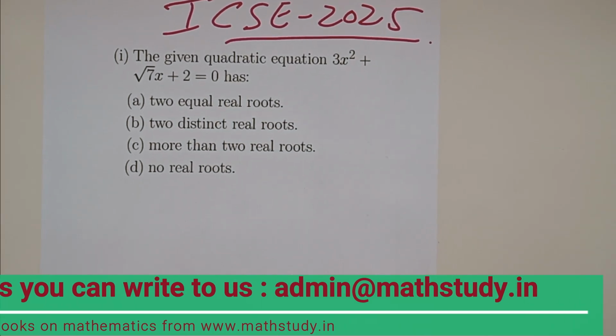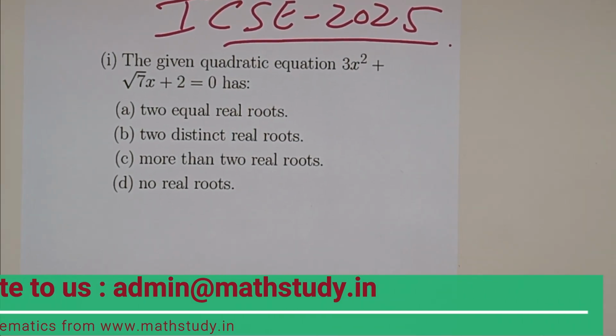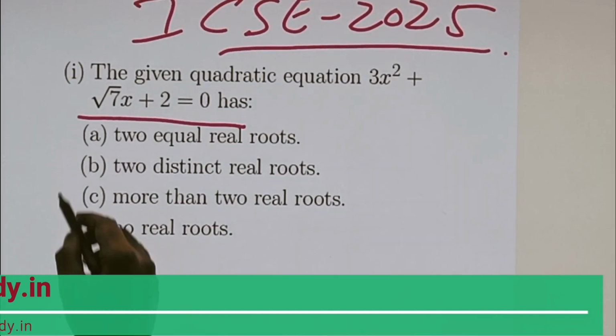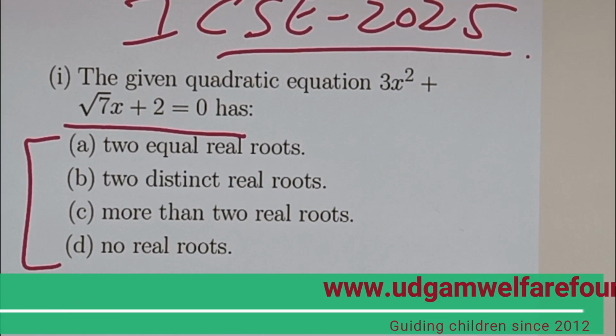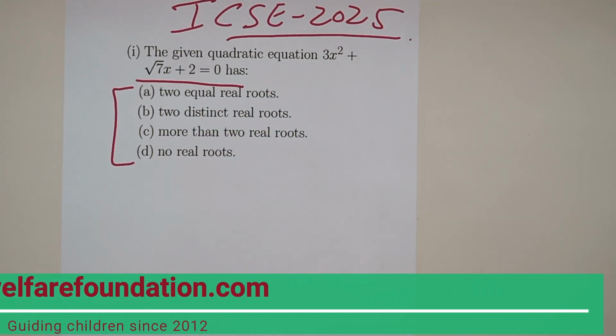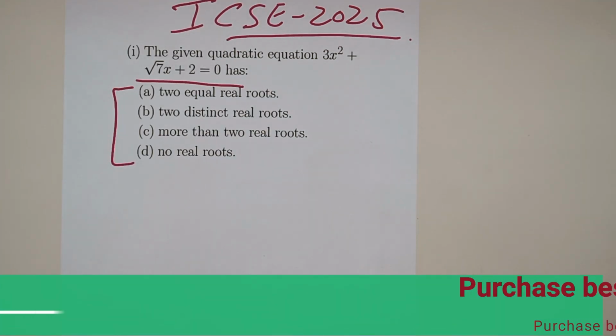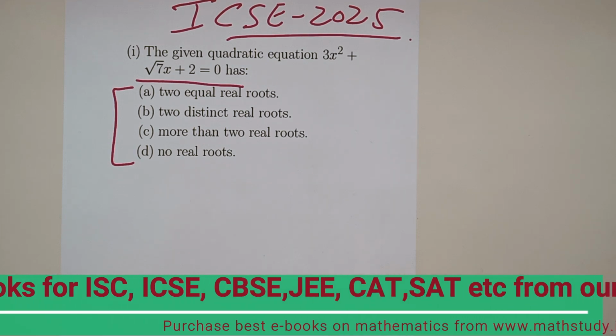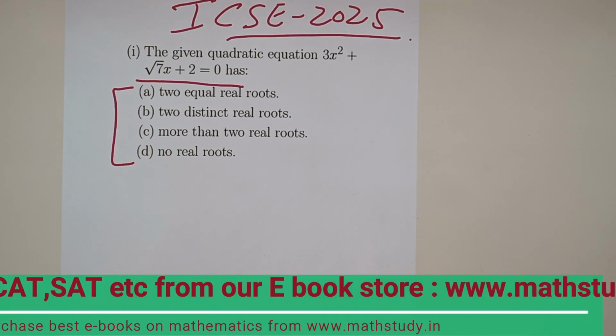Now let's start. The given quadratic equation, 3x square plus this equal to 0, has these four options. In such questions, the examiner wants to know whether the student has a proper understanding of the nature of roots.